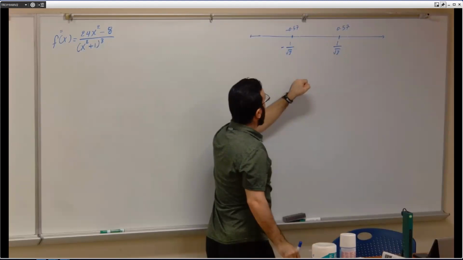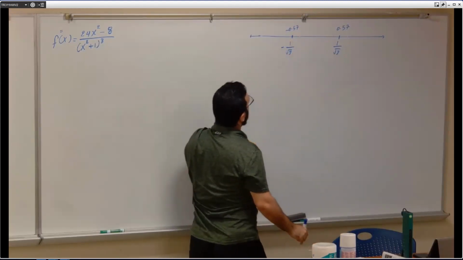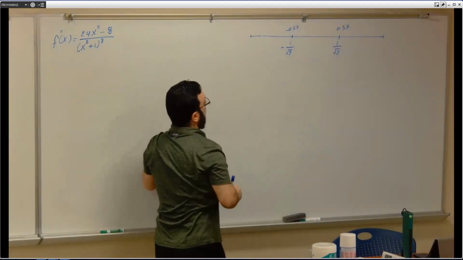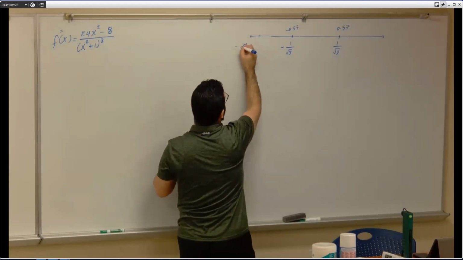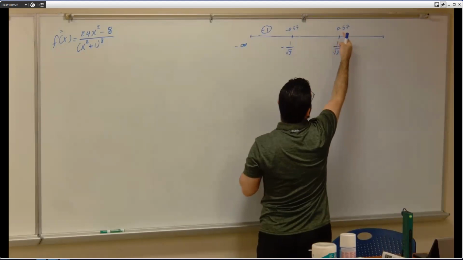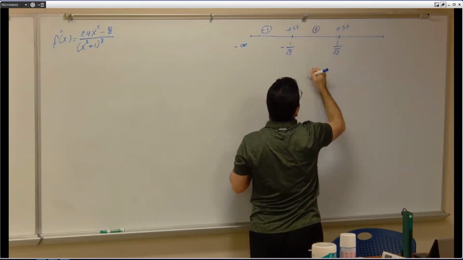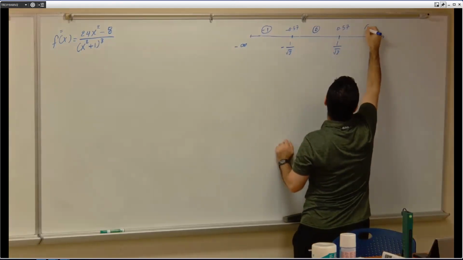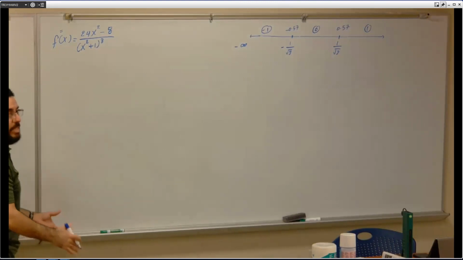It's negative 0.57. Can I choose -1 here? Yeah, so from negative infinity I can choose -1. Between negative half and half, you can choose 0. And here I can choose 1. You always try to choose the easiest number to plug in.